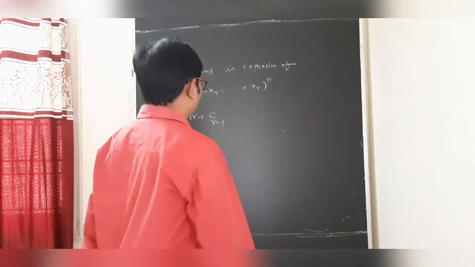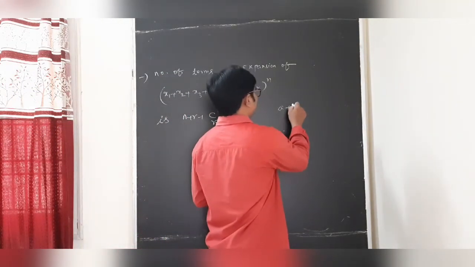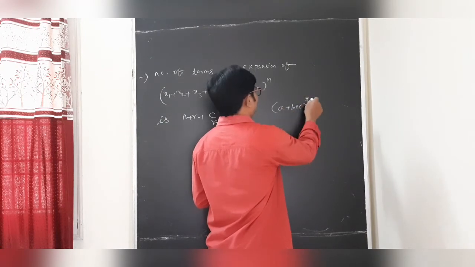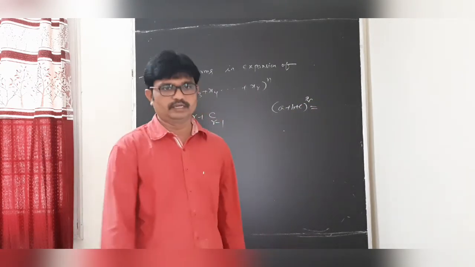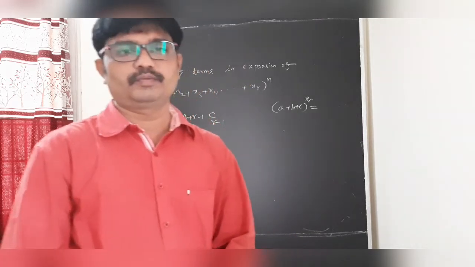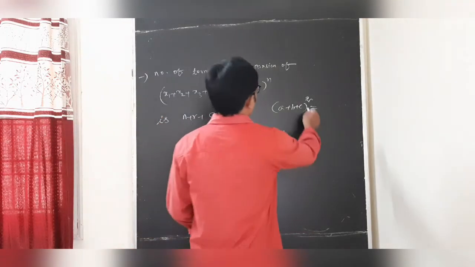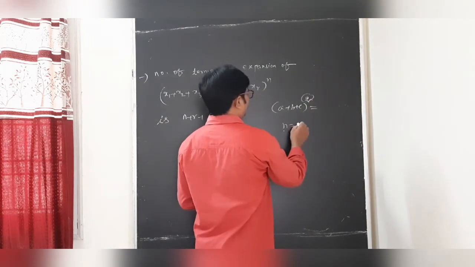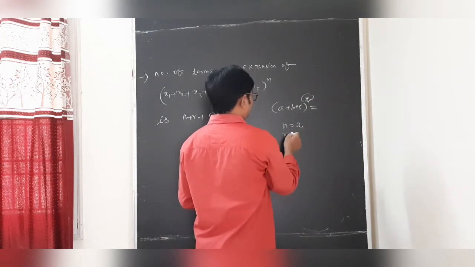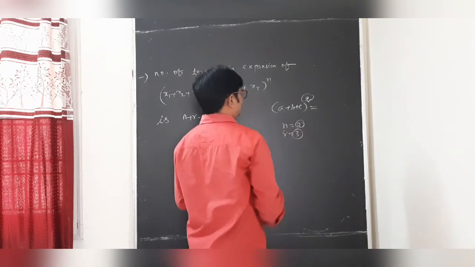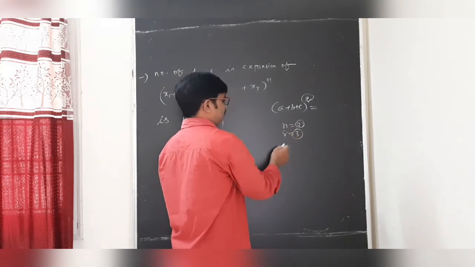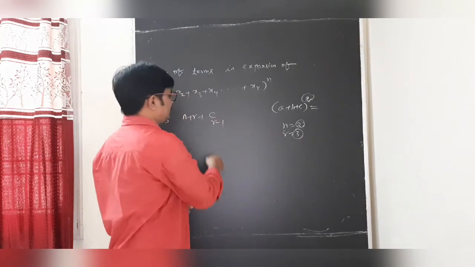Suppose, students, we have to know that a plus b plus c whole square expansion has 6 terms: a square plus b square plus c square plus 2ab plus 2bc plus 2ca. Therefore, dear students, n will be 2 and r will be 3. What is the form? n plus r minus 1 C r minus 1.